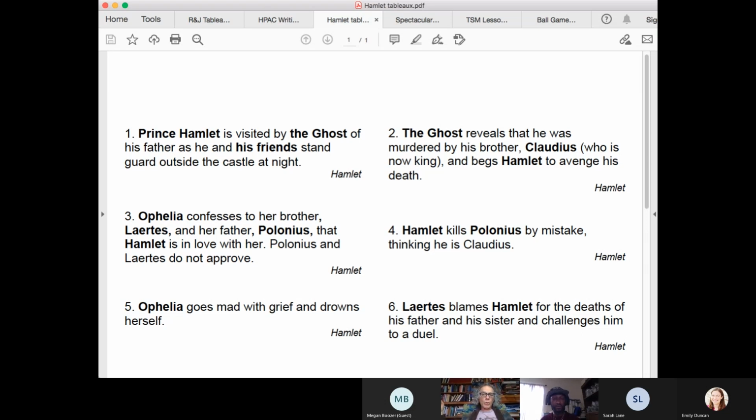W.H. Auden wrote a series of poems on Shakespeare characters, and they're not really paraphrases, but they're kind of exercises in getting into the minds of the characters and giving them a new body, a kind of new linguistic body in modern English verse. I never thought about it like that.